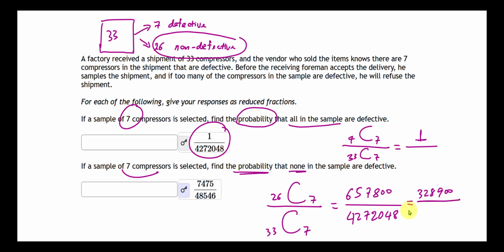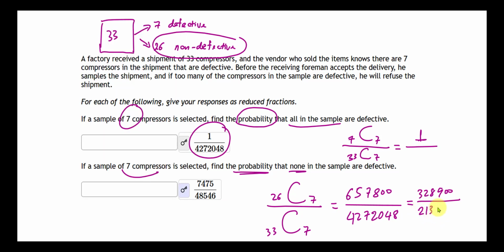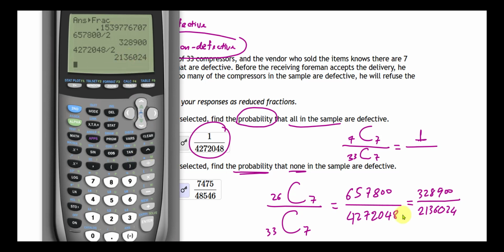We can do it slowly, step by step. Then I take the bottom number 4272048 and divide by 2, which gives me 2136024. You want to reduce again because this is still an even number.